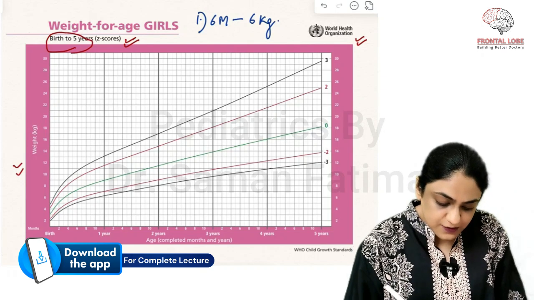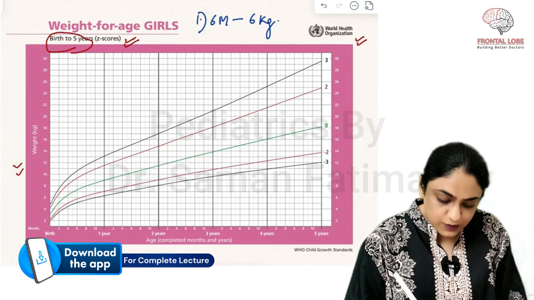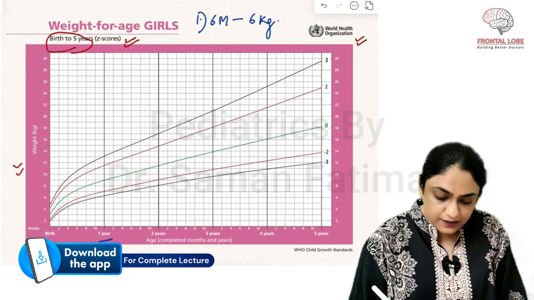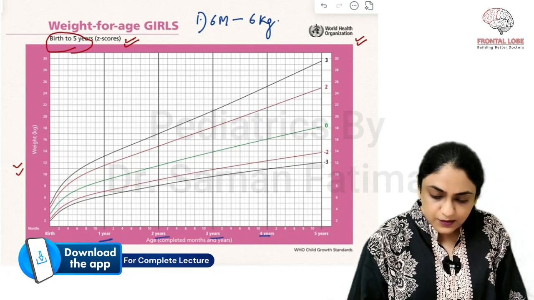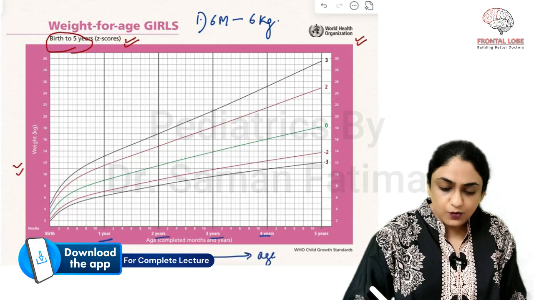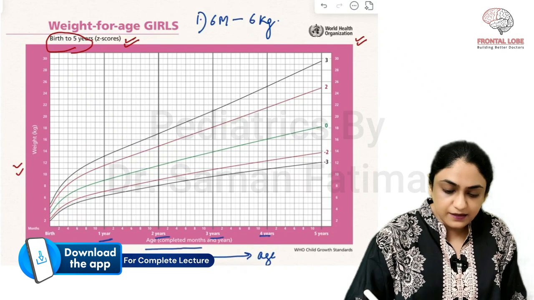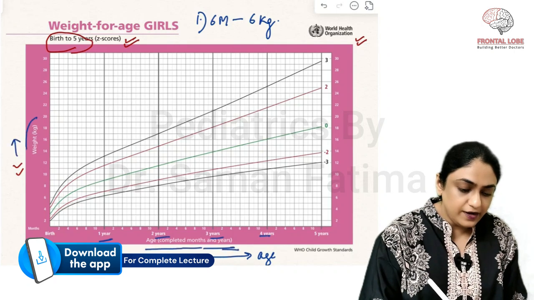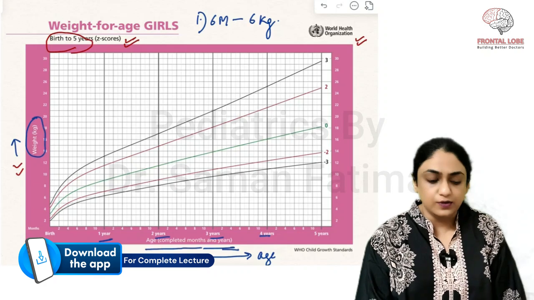You can see this is 1 year. The bold lines depict years. On the x axis we have age in months and years, and on the y axis we have weight in kilograms.